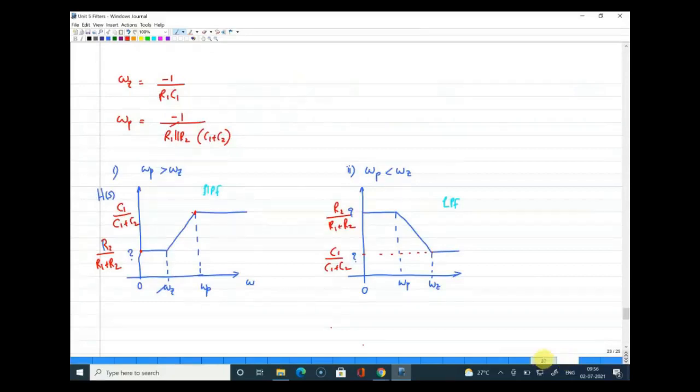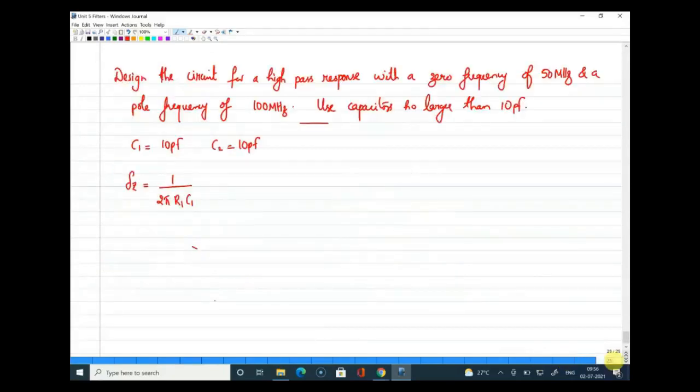Zero frequency is 1 by R1 C1, so when we write in terms of hertz, it is 1 by 2 pi R1 C1, and that value is given as 50 megahertz. Similarly, pole frequency is equal to R1 plus R2 divided by 2 pi into C1 plus C2 into R1 R2. This is equal to 100 megahertz.